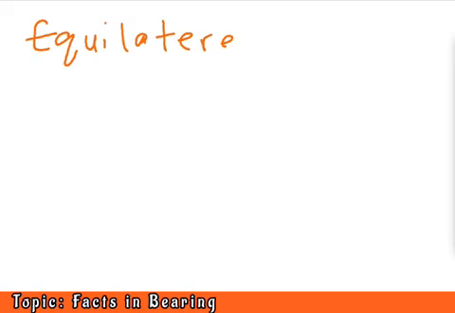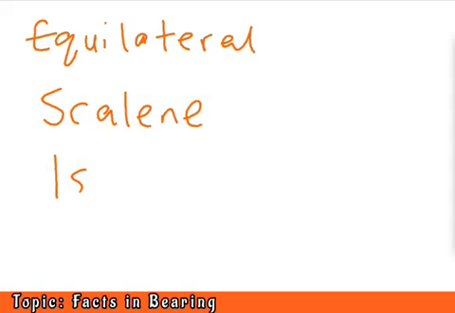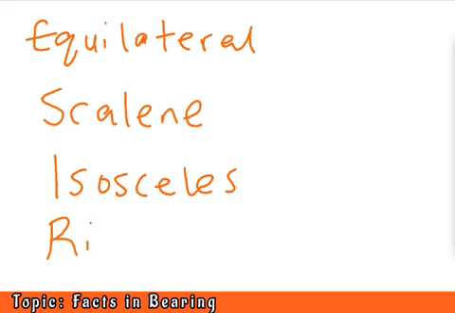In bearing questions, most of the shapes that are formed are triangles. So most times we always have our shape to be a triangle, and we have different types of triangles. We will not spend much time on that, but just to mention them, we have the equilateral triangle, the scalene triangle, the isosceles triangle, and the right angle triangle.